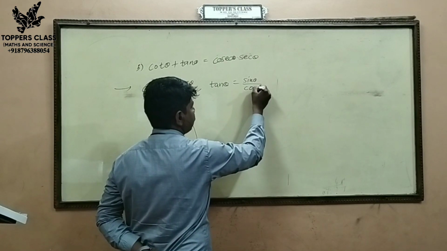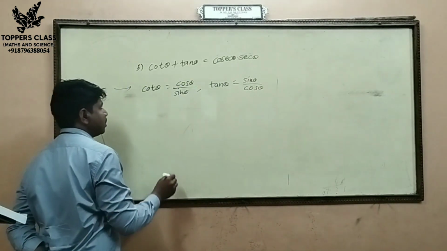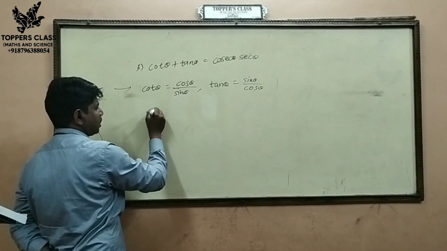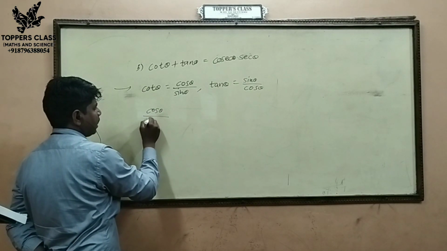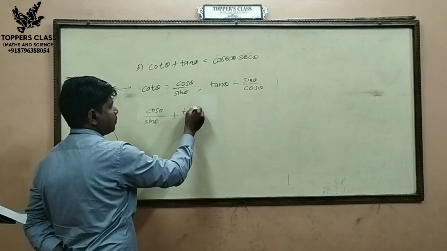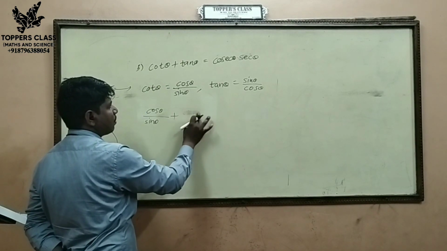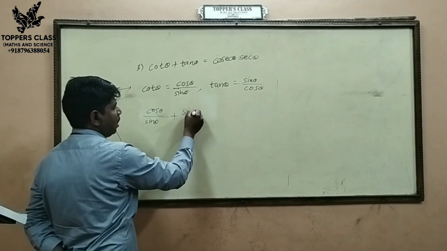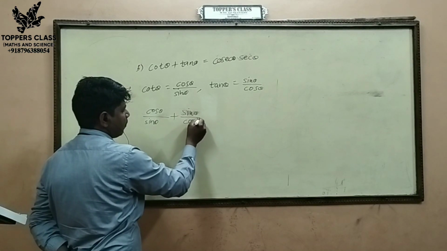These two identities we are going to use here. So now cos theta upon sin theta plus, instead of tan theta, we apply sin theta upon cos theta.